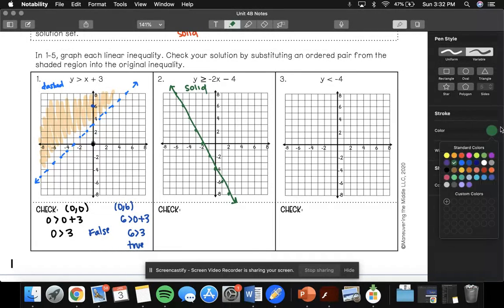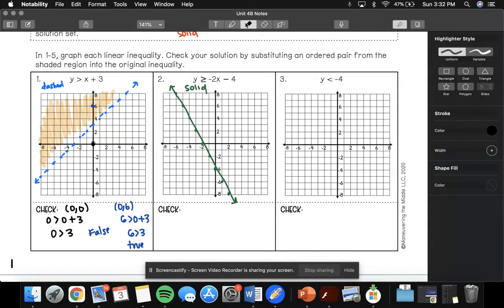Then again, it's not an equal sign, it's an inequality symbol, so I need to shade. I'm going to put my pencil on the y-intercept and read it again. Y is greater than or equal to this line. Greater than means above, so I'm going to shade above.